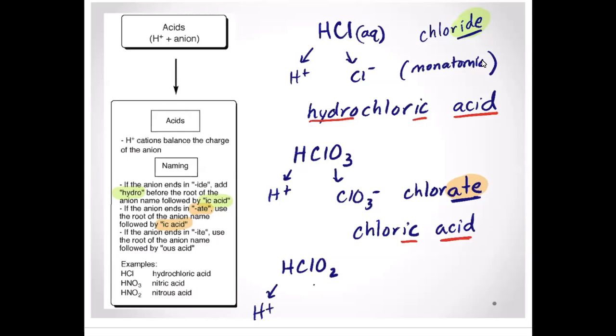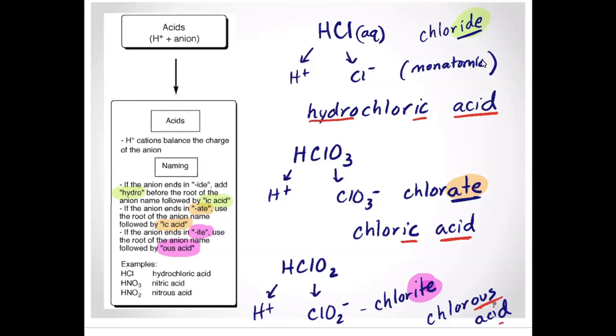We have H plus and we have ClO2 minus, which is chlorite. If it ends in "ite," you will end it with "ous" acid. And this is "ite." So it becomes chlorous acid. So the ending here is "ous" acid.